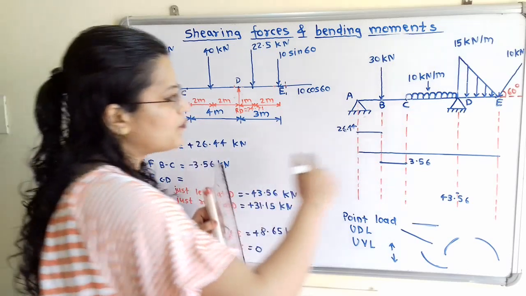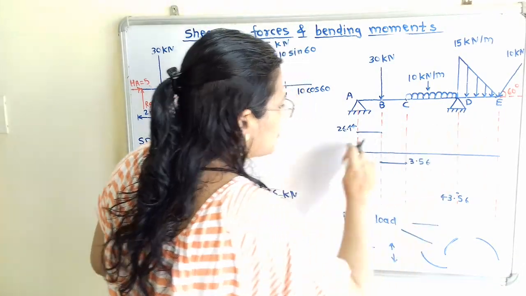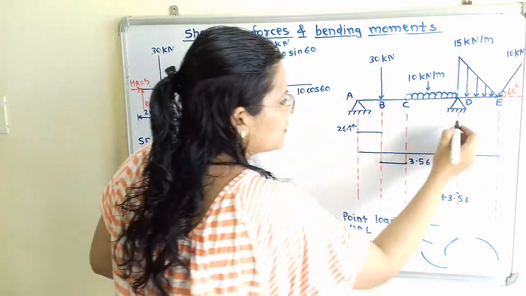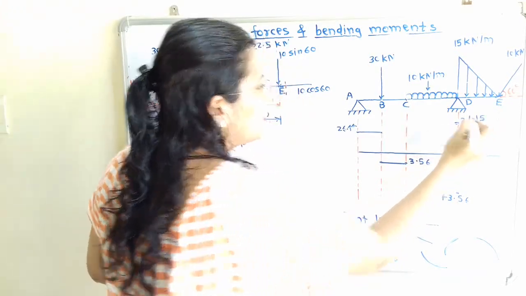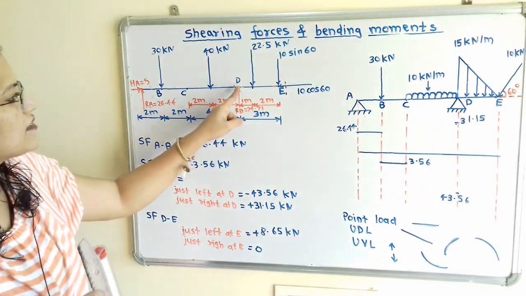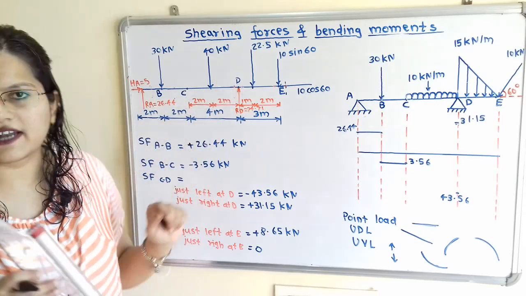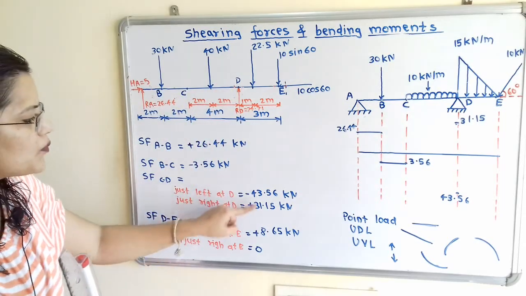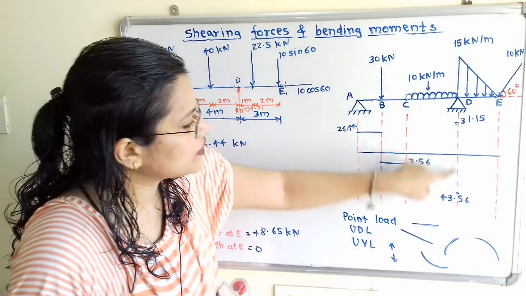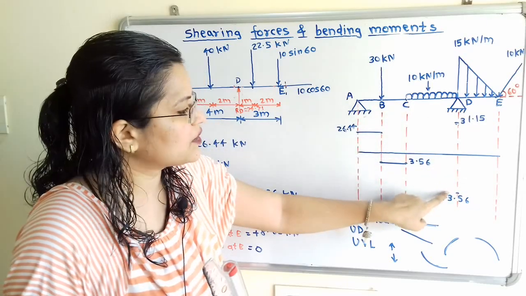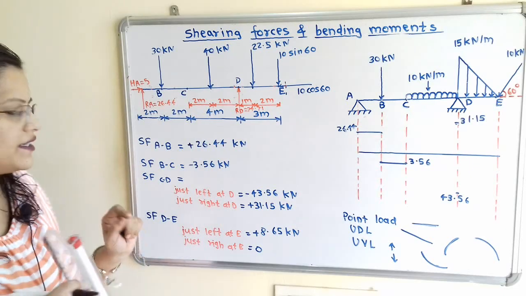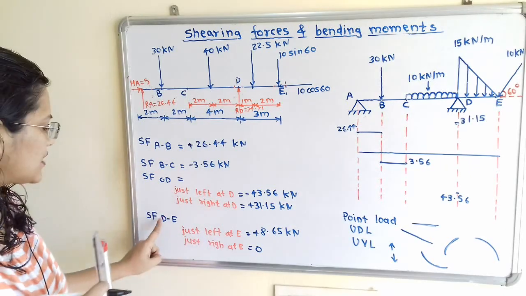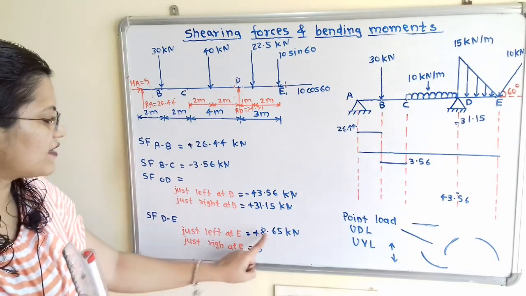So we have to plot here plus 31, that is above this 26. So here is 31.15. Now these 2 points are just left hand side and right hand side. So we have to plot these 2 numbers on the same line. So this is an important point because these 2 points are nearer to the point D. Then we will move to the section DE. So just left at E.